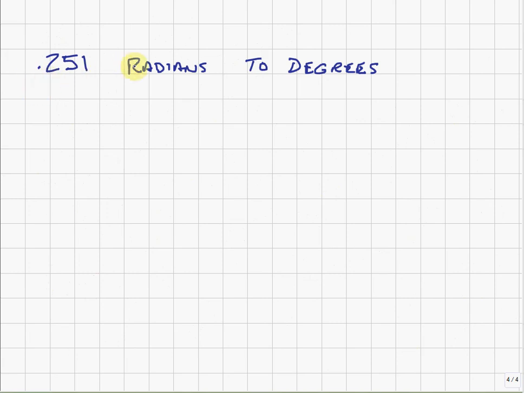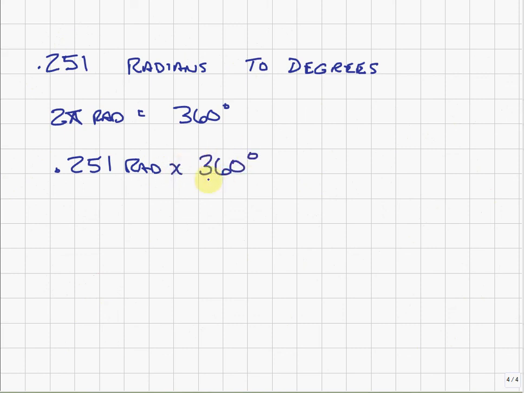To convert from radians back to degrees, we still are using the same relationship of 2 pi radians equals 360 degrees. But in this case, we are going to invert that when we do it. And so we are going 0.251 radians times 360 degrees per 2 pi radians.